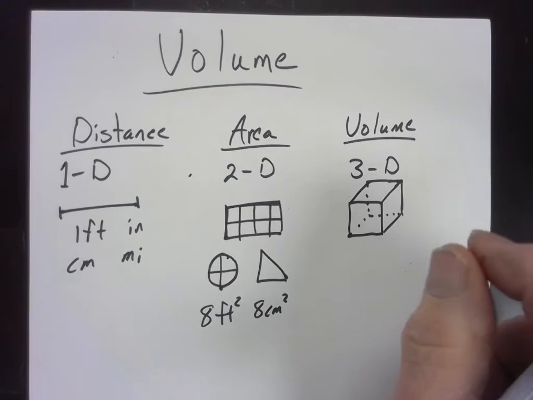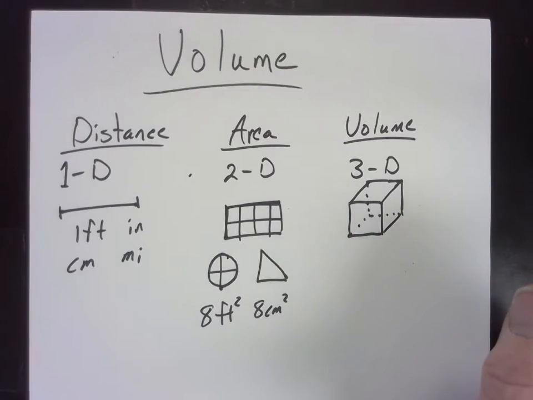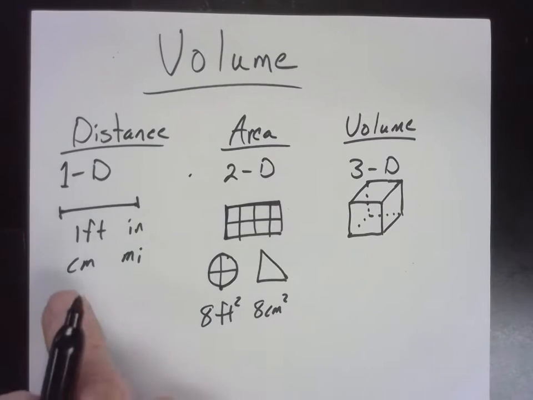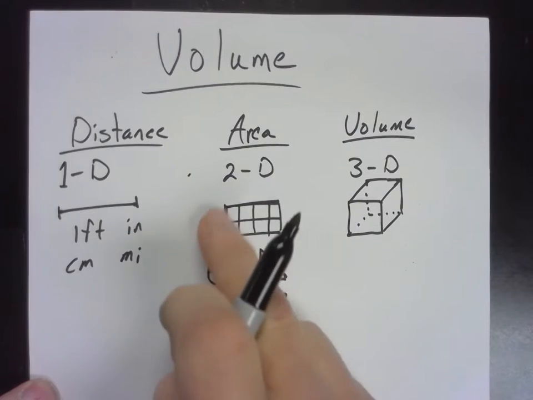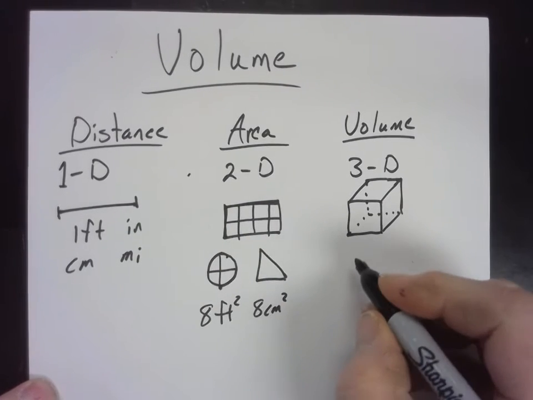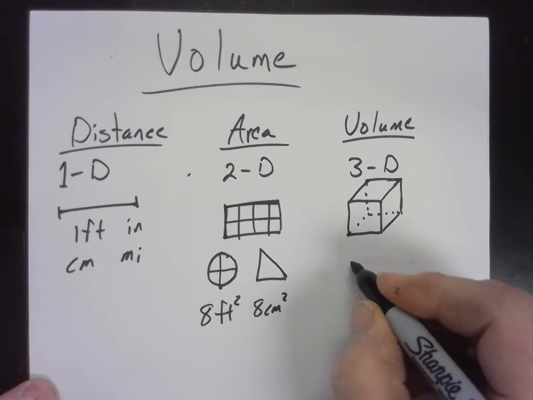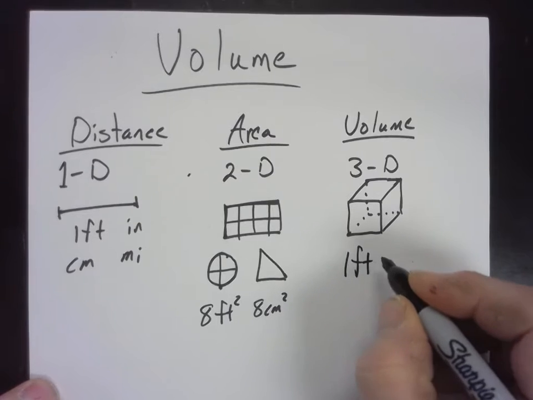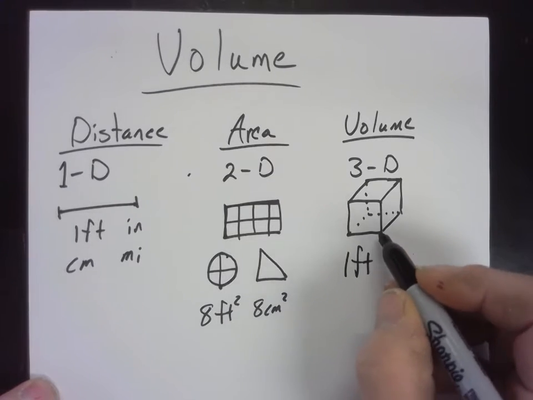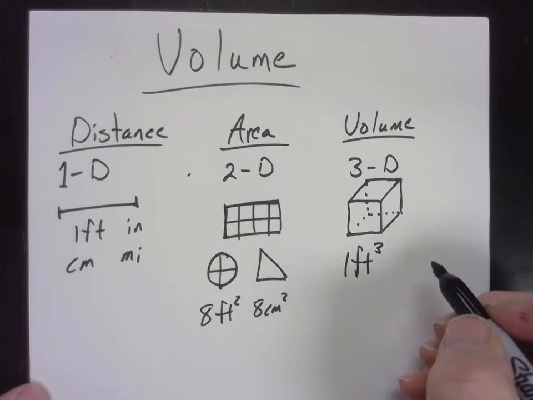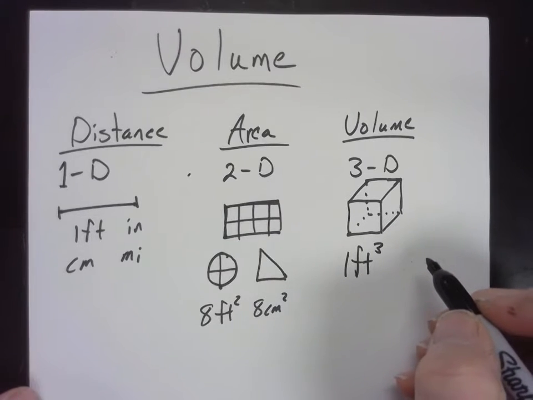And when we measure the volume of something, we're not going to talk about its number of feet long it is, or how many square feet it takes to fill it up. We're going to talk about what? Surface area? Ooh, yeah. If we're talking about volume, we're going to talk about the number of cubes that it takes to fill it up.